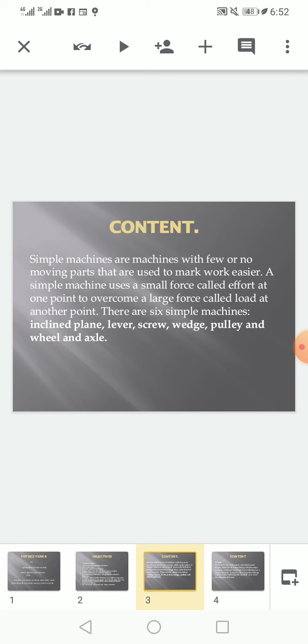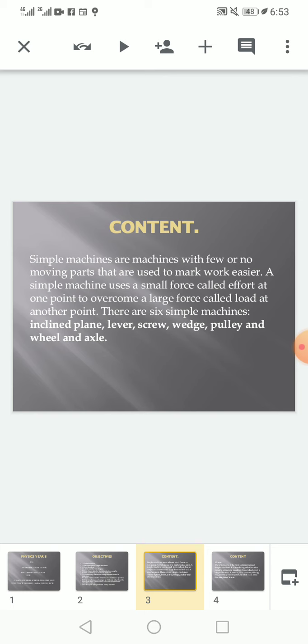A simple machine uses a small force called effort at one point to overcome a large force called load at another point. So, the brief description of a machine is that it uses a small force called effort at one point to overcome a larger force at another end called load.